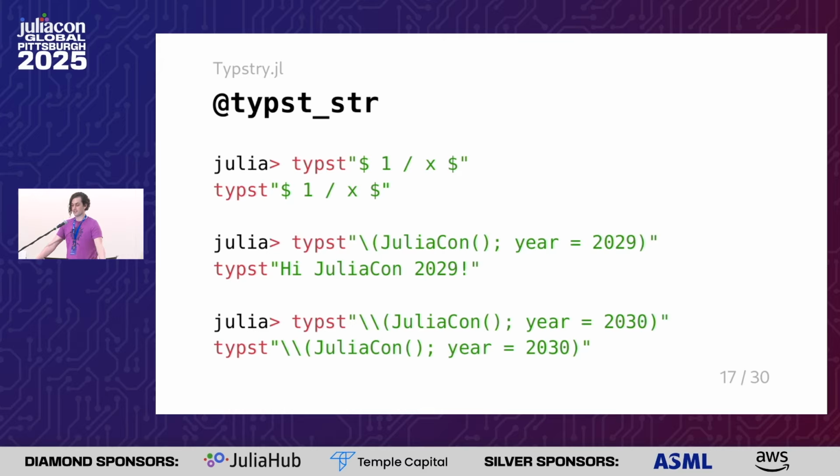And you can see in the second example, we're using the backslash and parentheses to indicate that we're interpolating. And then it's formatting that as if you're doing a call to Typst string. That's probably my favorite feature of this package. I know at least one person has disagreed with that, but I think it's just fun to use. The interpolation also supports escaping, as you can see in the third example.